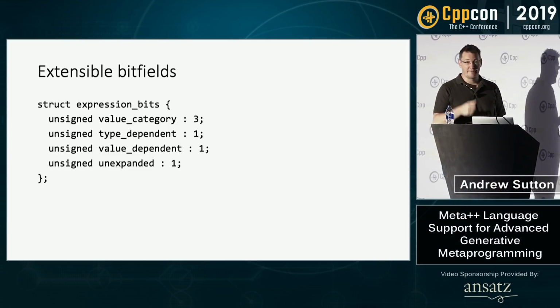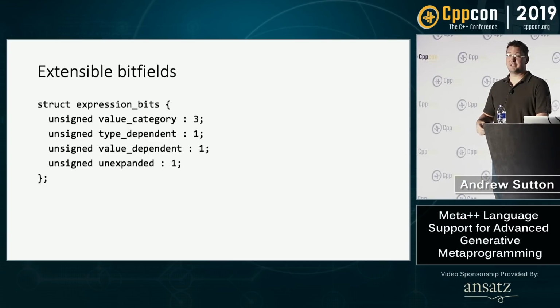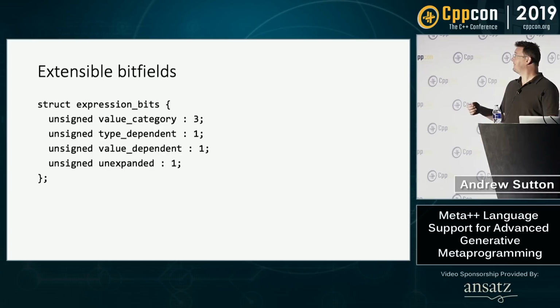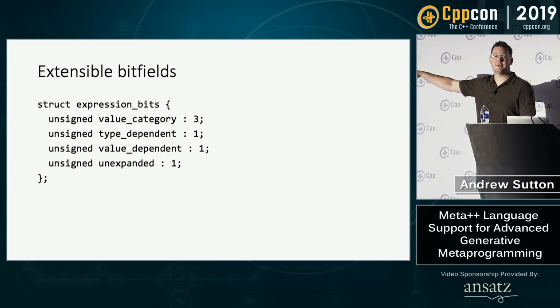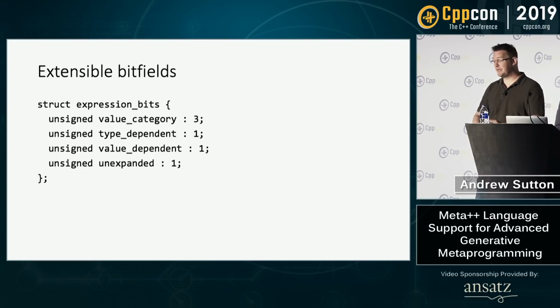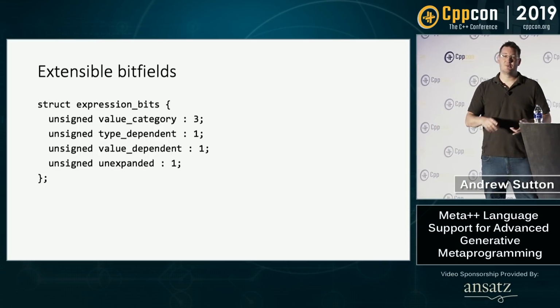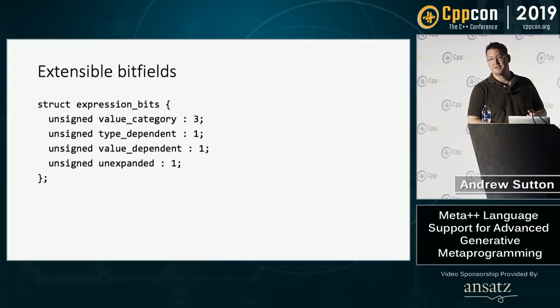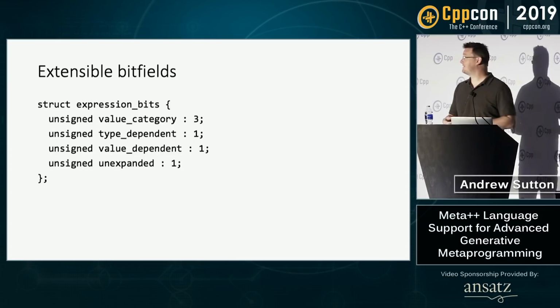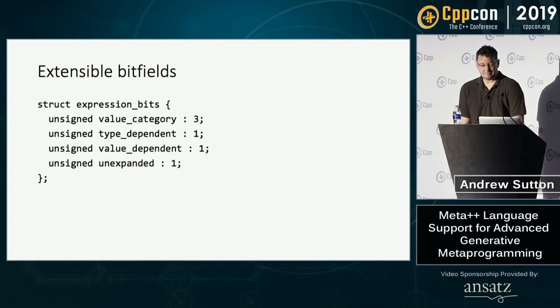So if I were working in Clang, for example, and not following Clang's coding conventions at all, because I like lowercase and underscores, if I'm writing a C++ compiler, this is information that I would have for an expression in my tree. There's a value category. We have to know whether the expression is type dependent, whether it's value dependent, whether it has some unexpanded parameter packs, some other information besides, but these are the obvious ones or the easy ones to talk about.